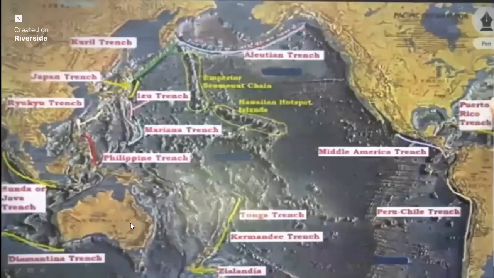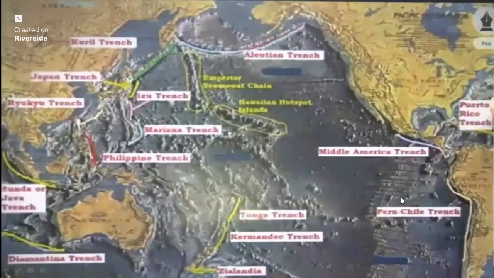Then we have the Australia area. So remember all these trenches. Just see the diagrams so that you can easily remember at which place. See, these are all the parts of the Pacific Ocean, and these are all the parts of the Pacific Ring of Fire. So maximum trench formation happens in these parts only.